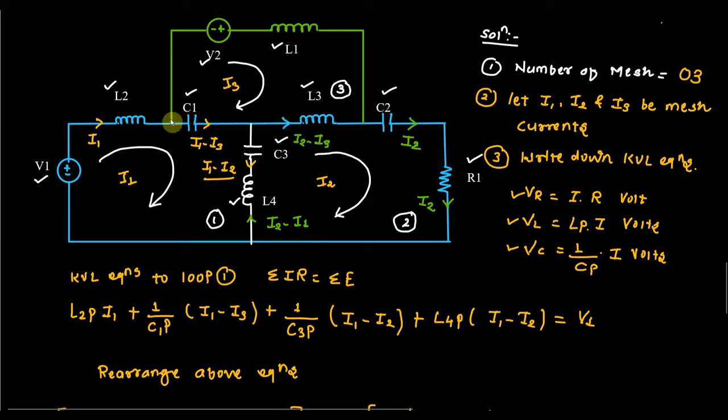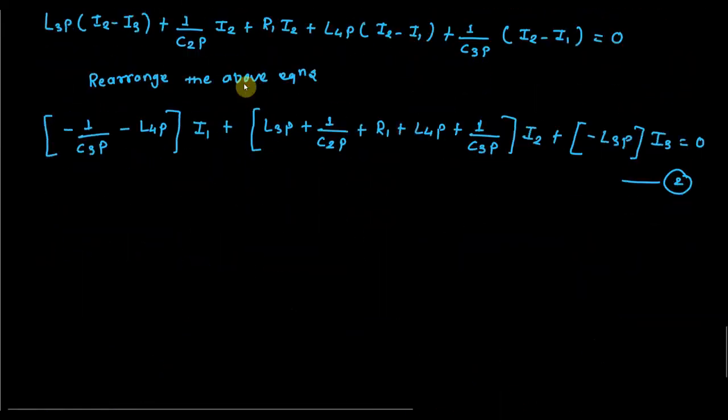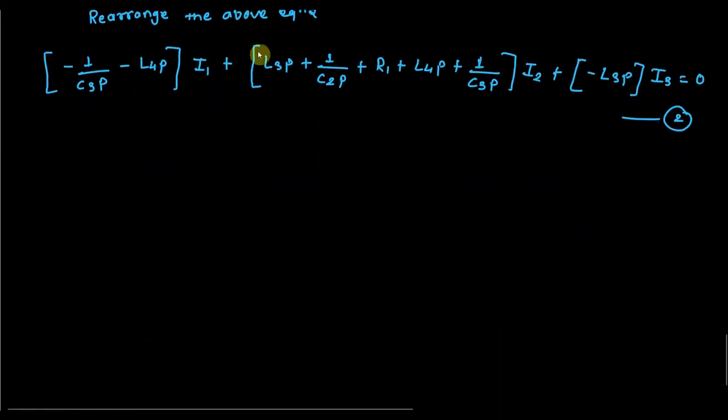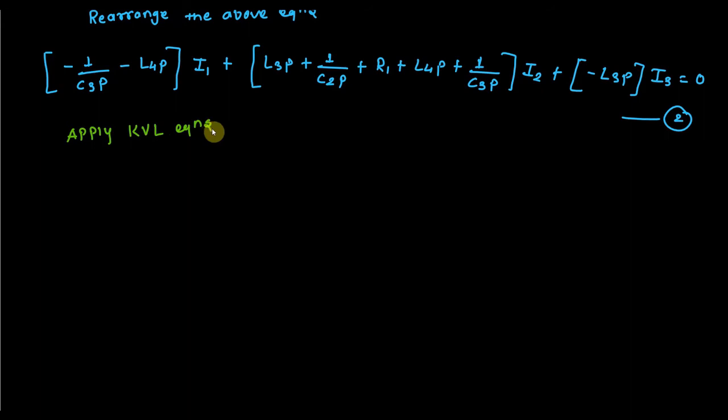Fine. Now similarly, we will apply the same method and find out the KVL equation for the loop number 3. So now I am writing down, apply KVL equation to loop 3, and after applying that, what we will get, that we have to understand.